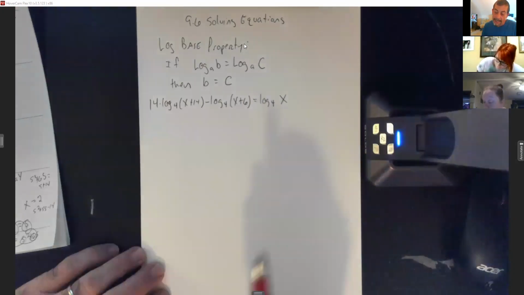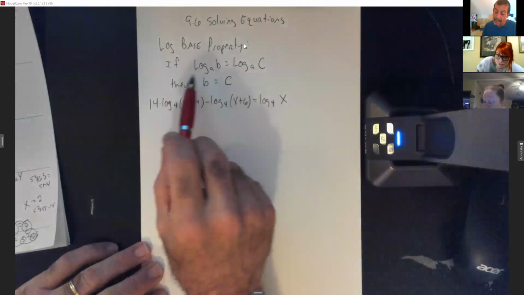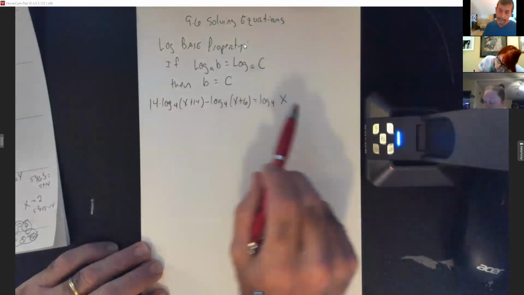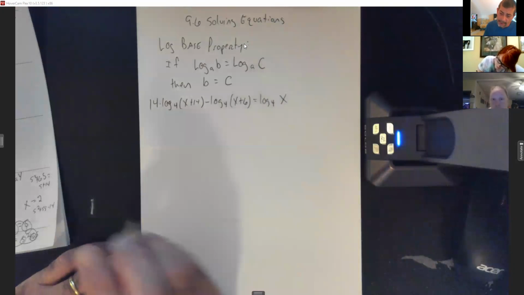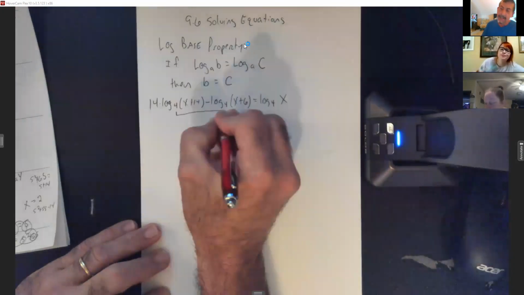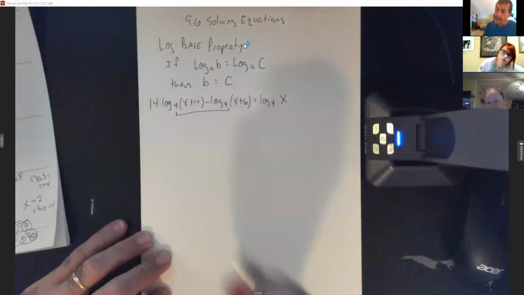So I'm going to utilize that log base property because I got logs on both sides of this equation. But the first thing we want to do on this left side is write the two logs as a single log.